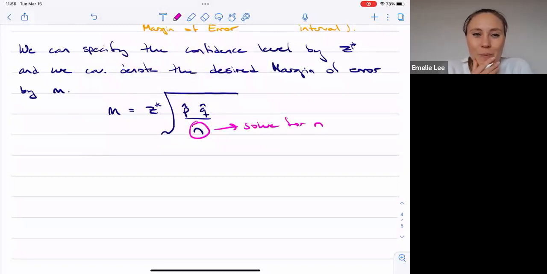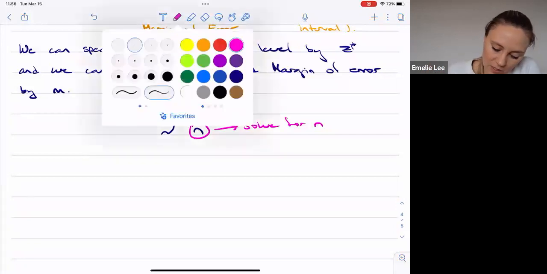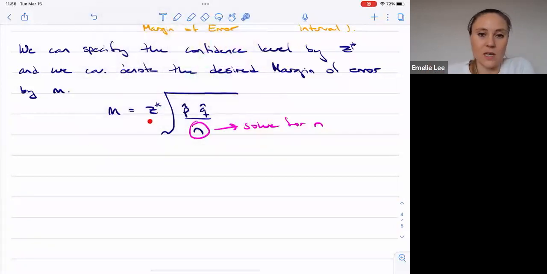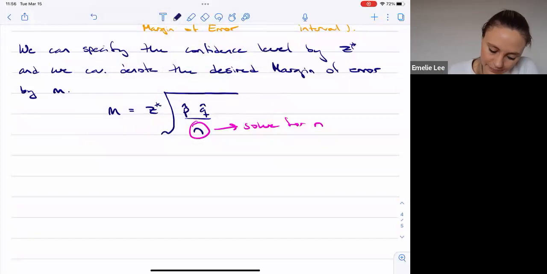What's my first step then? Well, I need to get that square root on its own, right? And so don't worry, you're not going to have to derive this formula, but I do think it's really helpful to see it just once kind of work through. So if I want that square root on its own, then I would have to divide both sides by z star.